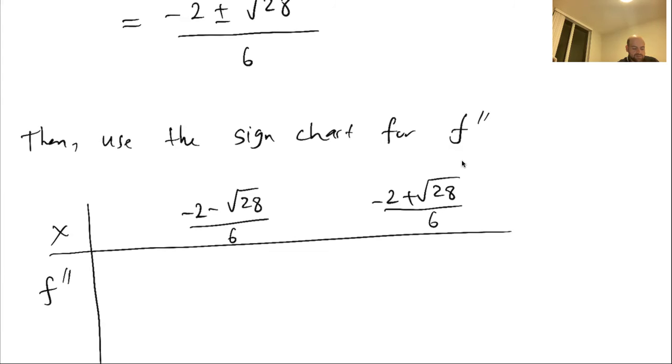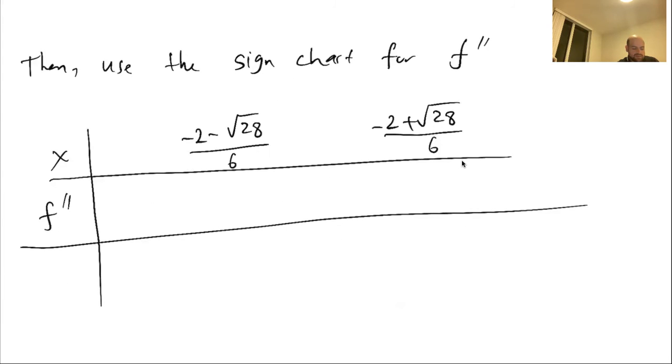And then f double prime here, and then f here. So f double prime will be, of course, 0 at these two points. Now, for f double prime on this region, meaning minus infinity to this point, I want to know whether f double prime is positive or negative. Well, we can use a test point. Let's just have a rough estimate.